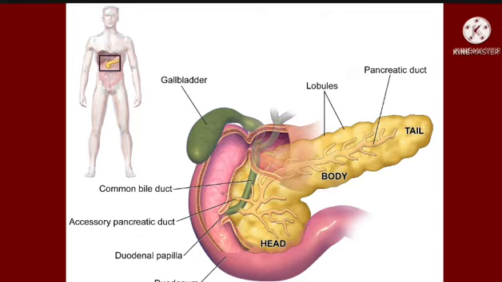The secretion of the Brunner's glands along with the secretion of the intestinal glands constitutes the intestinal juice. The enzymes in the intestinal juice, such as maltase, lactase, sucrase, peptidases, lipase, nucleotidases and nucleosidases, act on the breakdown products of bile and pancreatic digestion.